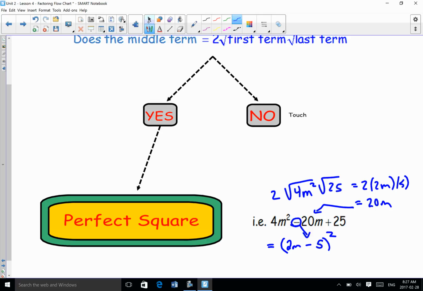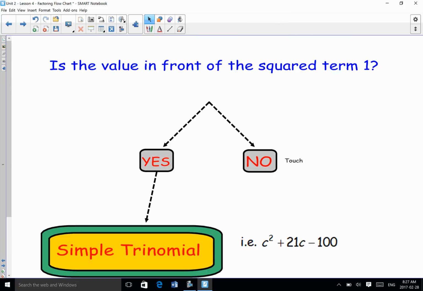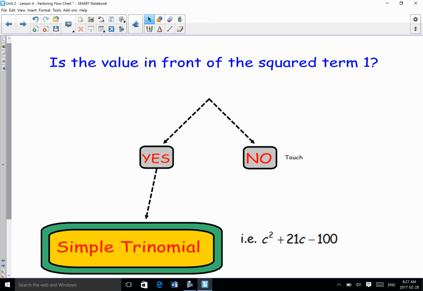Okay, if the answer, however, was no, well then you have to look at the a value, the front number, the number in front of the squared term. If that value is just a 1, which if we look at this one, it is, right? Just the number 1 here. Well, if that's true, then we're using man.